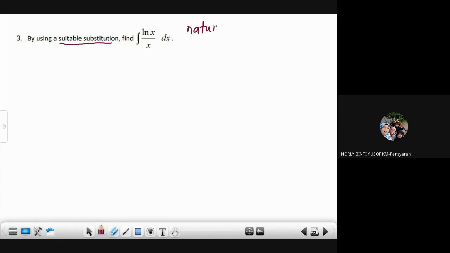Natural log dia akan matikan x tu sebagai substitution of u. Natural log kita akan let dia sebagai u, biasanya lah, walaupun dia dekat atas. Selalu kan fraction ambil denominator, tapi kena tengok function tu juga. Ni ln x tu lah yang akan jadi u. So kita pun jadikan u tu ln x.